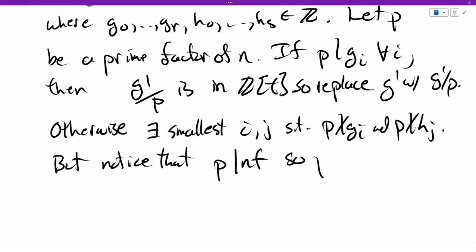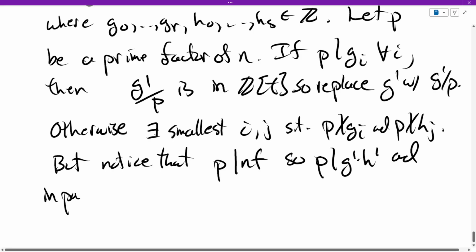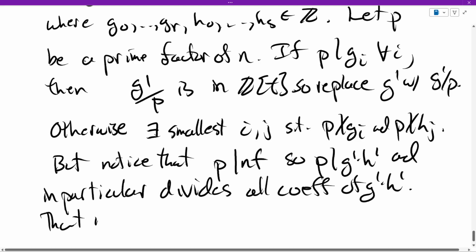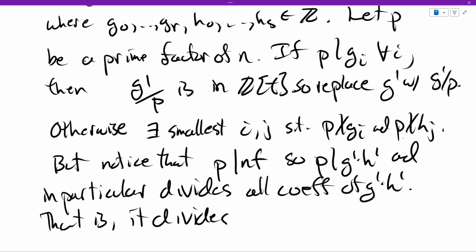But notice that P, of course, divides n f. So P divides G prime times H prime, and in particular divides all the coefficients of G prime H prime. That is, it divides the t to the i plus j coefficient.